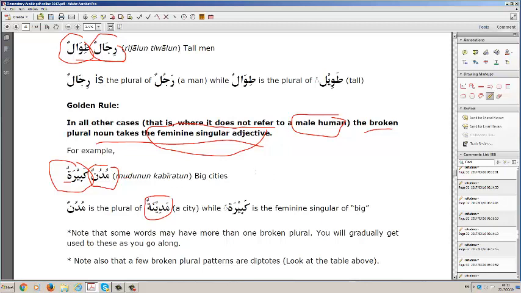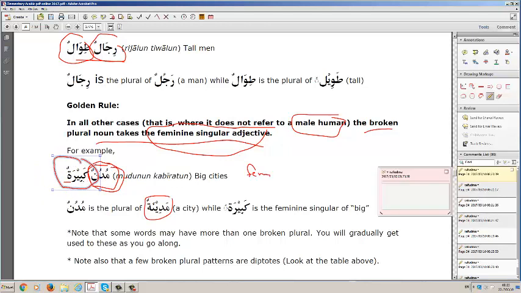So the first thing to remember, it's in the feminine. There's another thing though to remember, that although this word mudunun is of course plural, the plural of cities, kabiratun is in the singular. It's feminine singular. It's in the singular, and that's so important to remember.